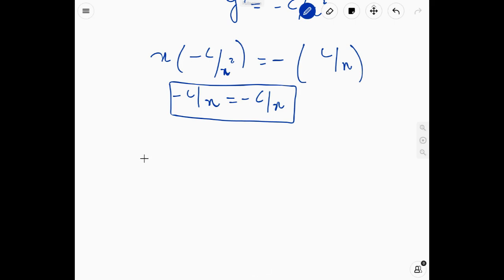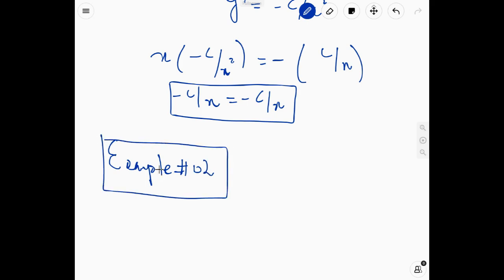Similarly, in example number 2, you have to prove that y is equal to sin x plus c is the solution of y prime is equal to cos x.